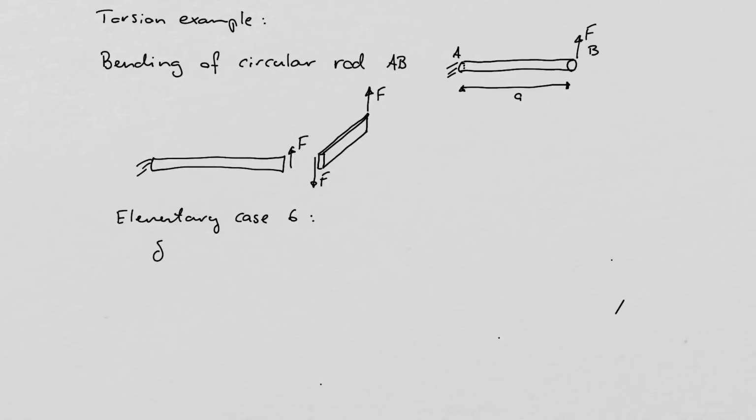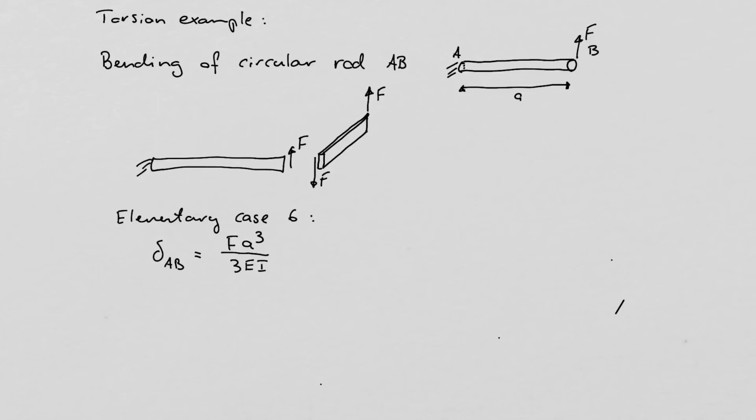So again, we use the elementary case 6. And we will have delta, what we call AB. In this case, we have F, and then the length is A to the power of 3, divided again by 3EI.